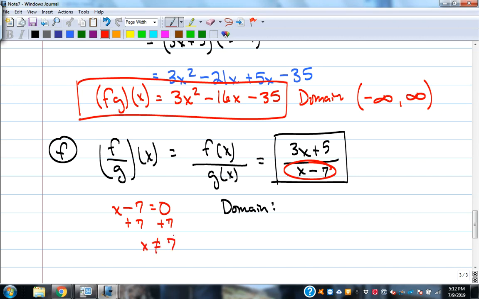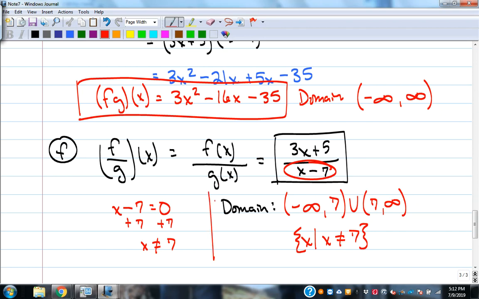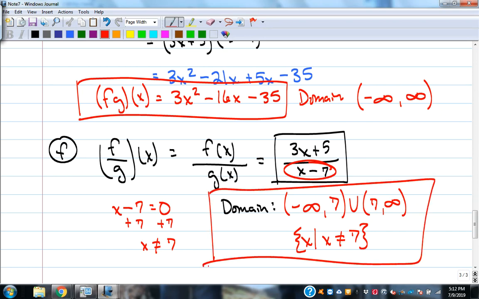So that means x can't be 7. So our domain is from negative infinity up to 7, and then from 7 to positive infinity. Or in set notation, x does not equal 7. Both of those are the same thing for the domain there, interval notation and set notation.